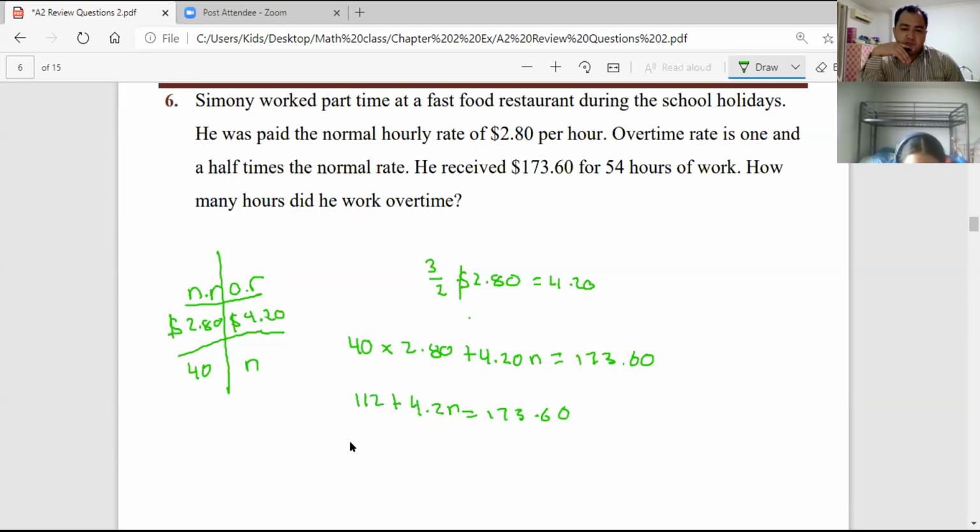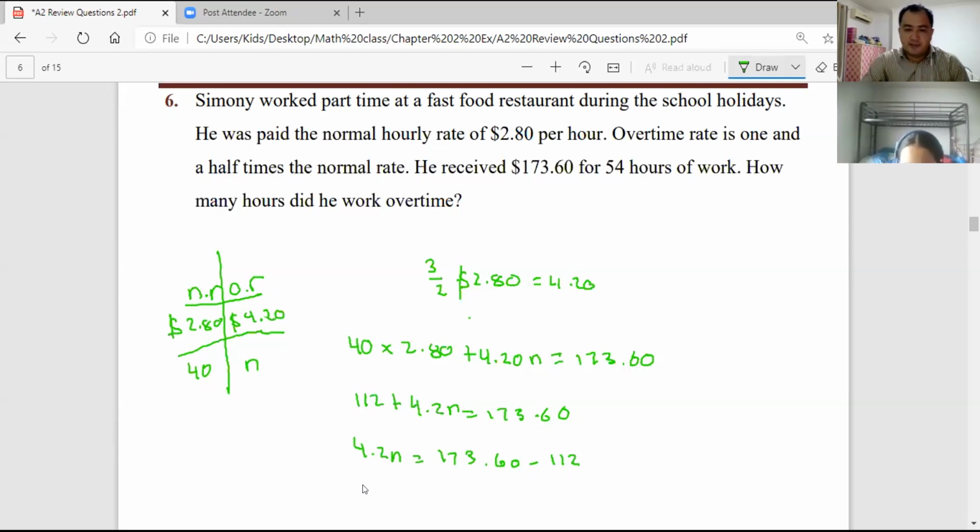Take 112 to the right hand side. So 4.2n equals 173.60 minus 112. What is it? That's equal to 61.6.